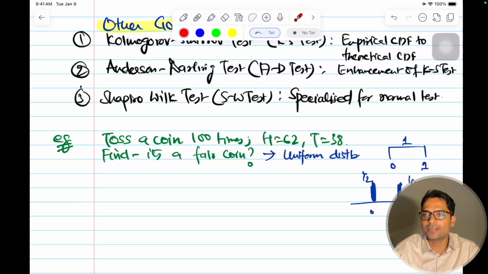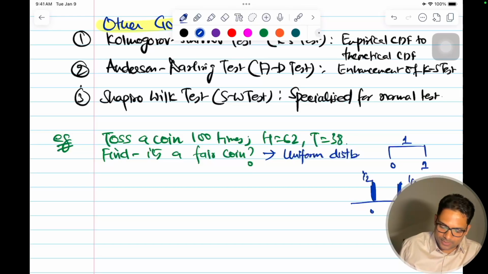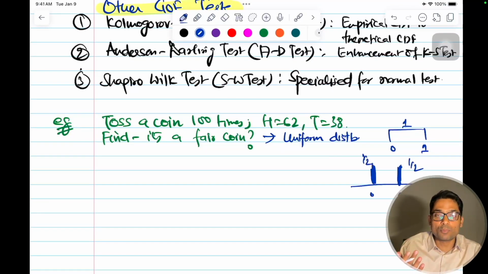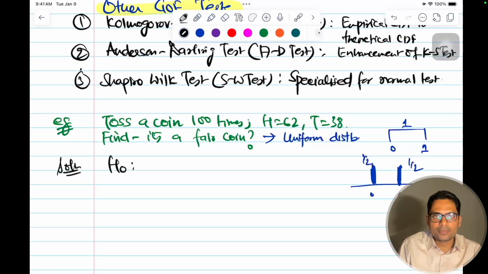We want to confirm that, and for that we'll use the goodness of fit test. So let's see what values we have got. We'll do hypothesis testing. What is your null hypothesis? That both heads and tails are the same, and it's a fair coin.